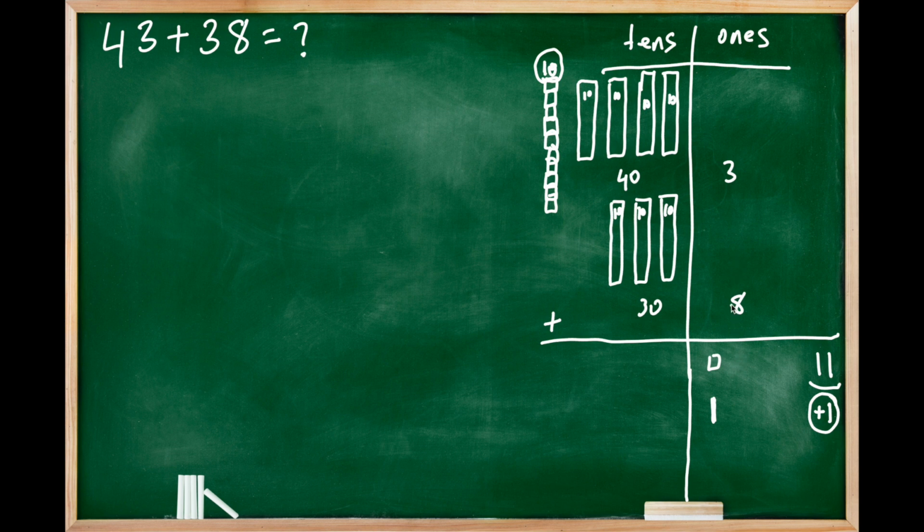So this is the ones place value, and now how many tens do we have in the tens place? 1, 2, 3, 4, 5, 6, 7, 8.